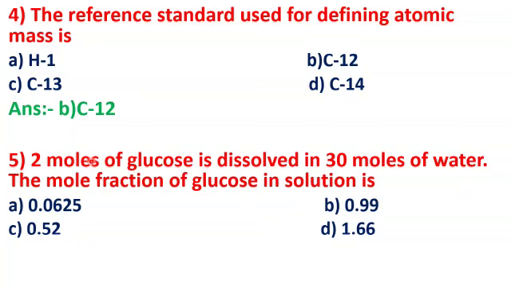If you substitute, 2 divided by 2 plus 30, that is equal to 2 divided by 32. So the answer will be 0.0625.